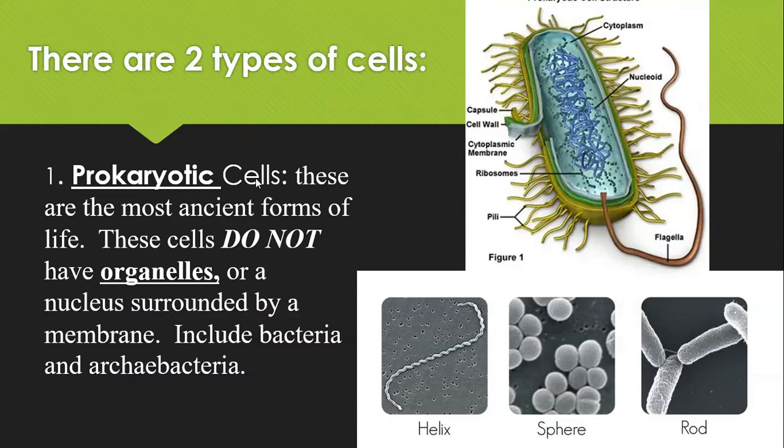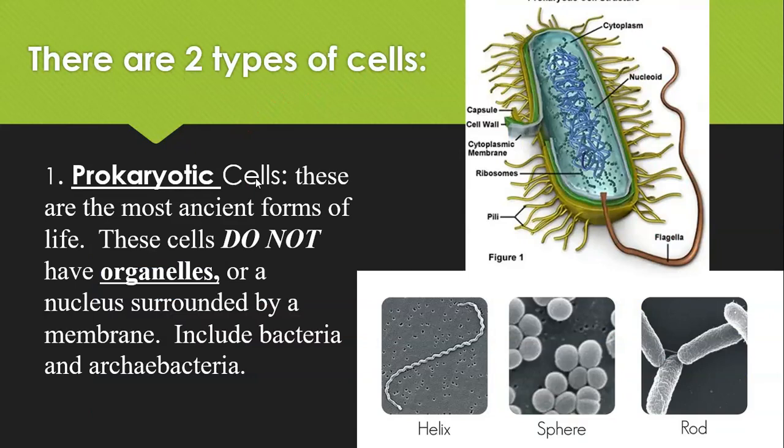These are ancient organisms; scientists think they are some of the first organisms that ever appeared on Earth. Archaeobacteria can be found in places you'd never think life would be found, like volcanic lakes and the bottom of oceans where there's no light.